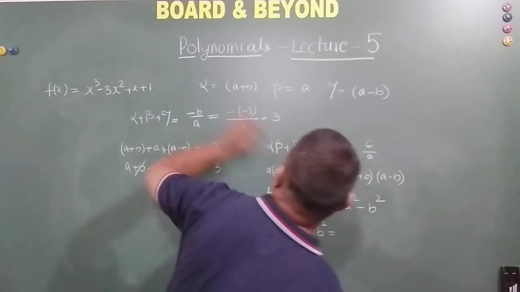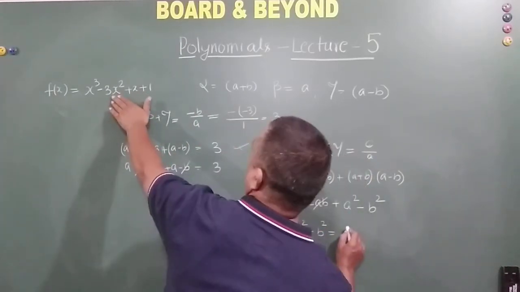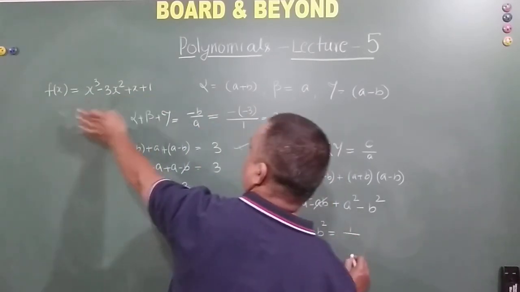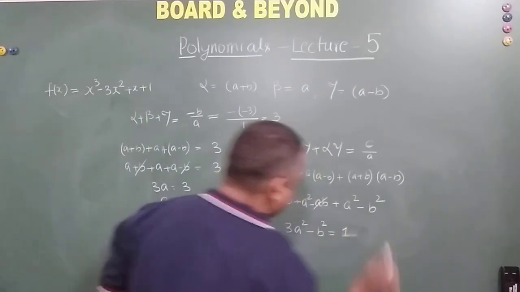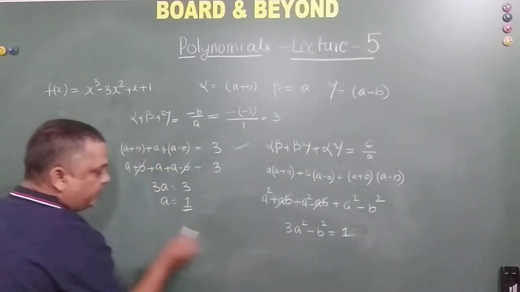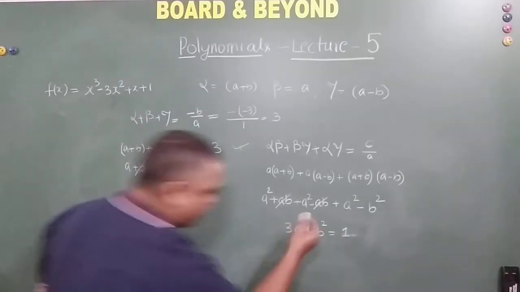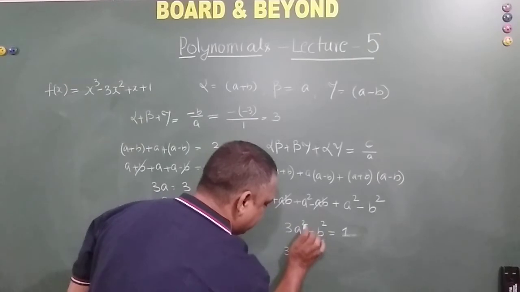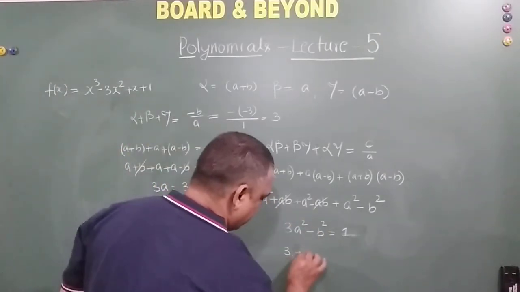C by a. Look at the original equation here. C is nothing but 1, and a is nothing but 1. So which is equal to 1 itself. Now we have already found out that a is equal to 1. So replacing that here, 3 into 1 square. I will not write that completely. 1 square is equal to 1 itself, so it will be 3 only.